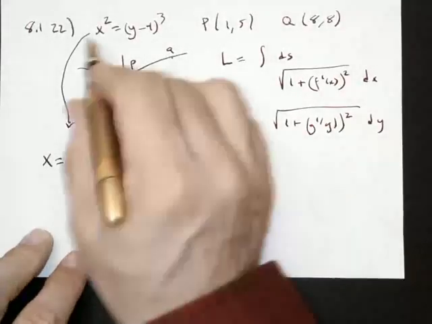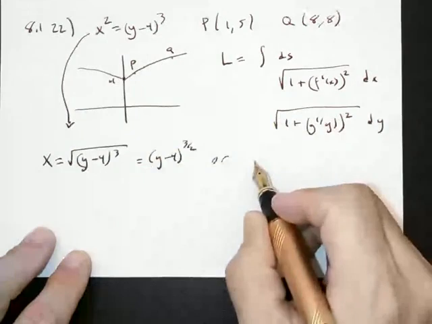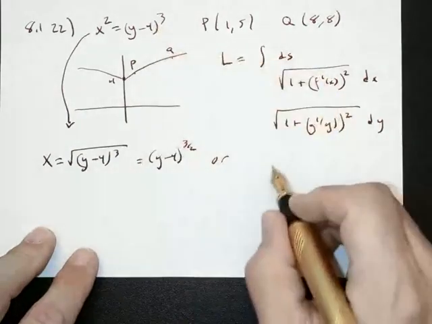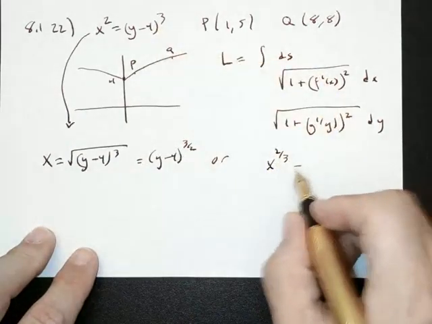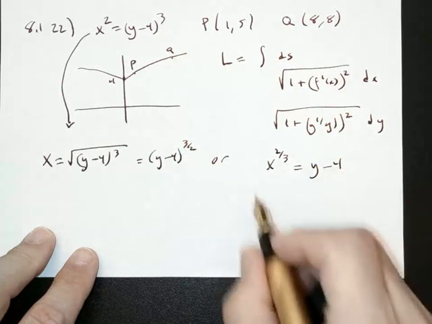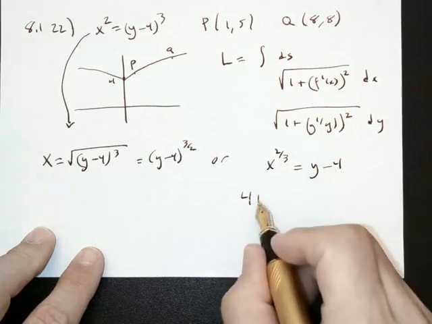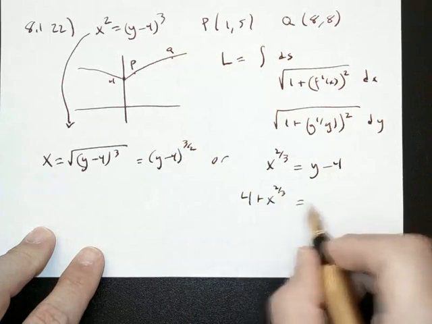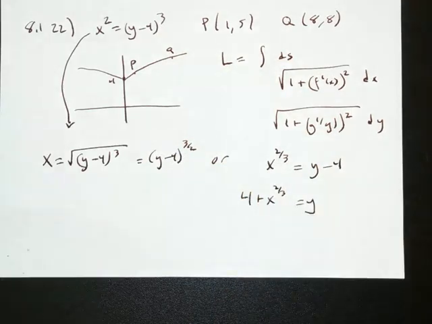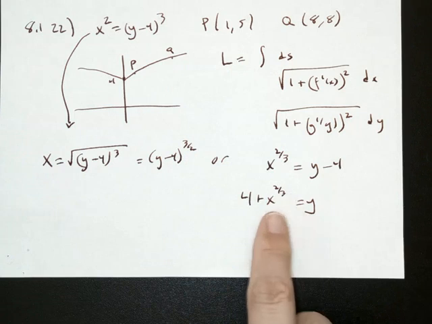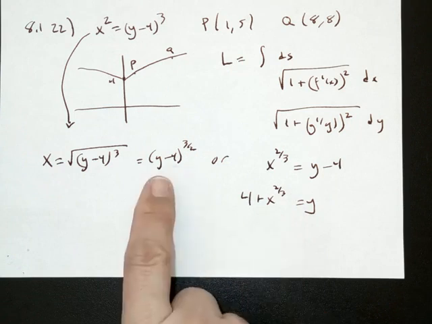Or I could take the cube root first, and then I could move the 4 over. So if I want to do it as f of x, this is f of x. If I want to do it as g of y, this is g of y.